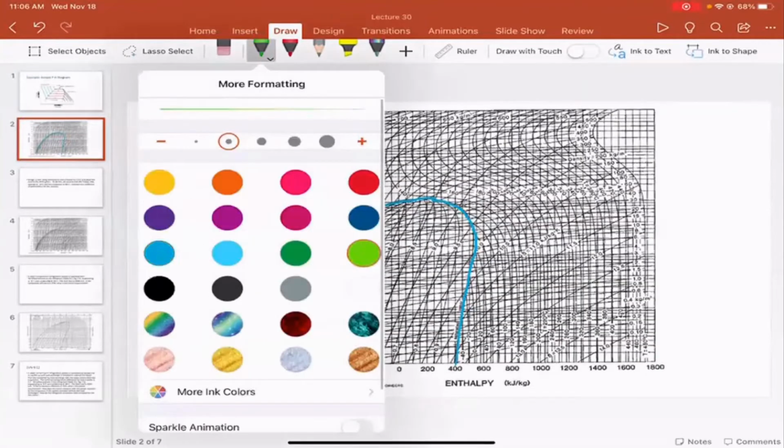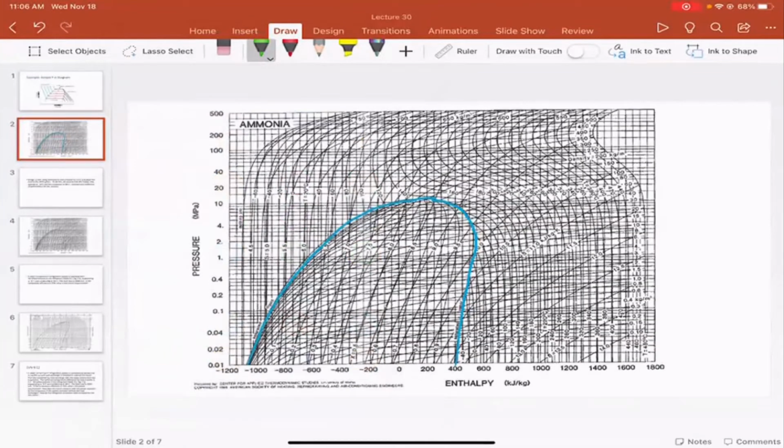And I'll draw one in a different color. And so you can see that the temperatures are listed here. And hopefully you see that. This one says T equals 20 degrees C. So let's just follow that line. Well, those are essentially vertical lines. And so T equals 20 degrees C is this line, and it goes here.